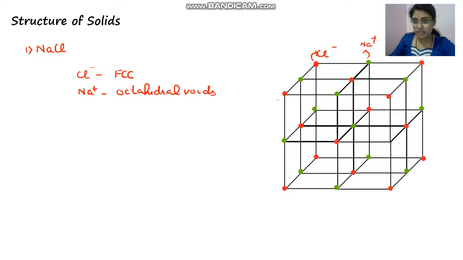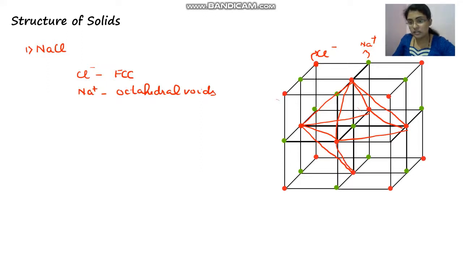Earlier we had seen in our part 1 video that if we join these different faces, all these faces with the top face, and let us join with the bottom face also, there is one atom at the bottom, we are joining that also.